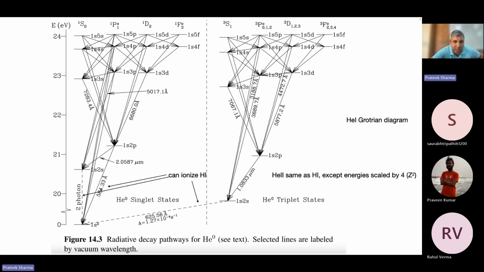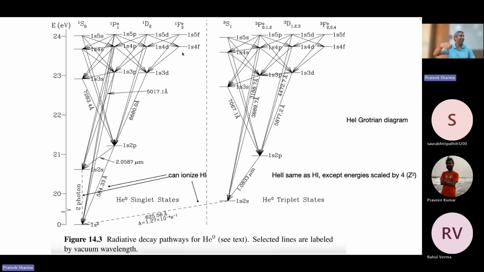This transition is also at 584.33 angstrom. These can ionize neutral hydrogen. Okay. So in the detailed calculations, you have to be mindful of all this. And the people who work on this for research can actually do all these calculations.